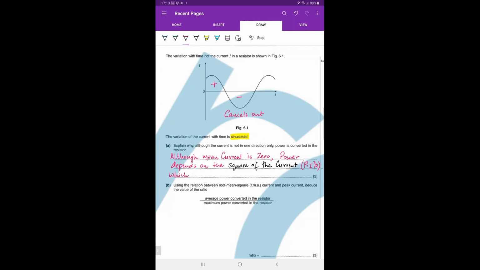Which is always positive. Black वाली terms को जरा carefully देख लो. Hence, power is produced.